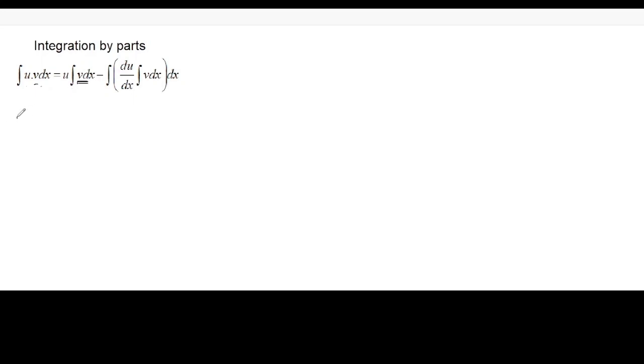Here the integration we have is the volume V equal to 2 pi integral from 0 to pi of x sin x dx. We can consider x as u and sin x as v, because the differentiation of x will give you 1 and the integration of sin x will give you cos x.